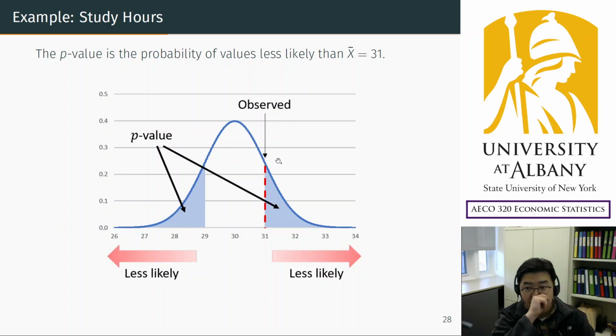But at the same time, don't forget the other side. The negative shock is as likely as the positive shock, right? You have to treat them equally in this scenario. Just as you can get a positive random error, you can get a negative random error. So 29 is at the same ranking as 31. 29 and 31 are just different directions, but equally unlikely observations.